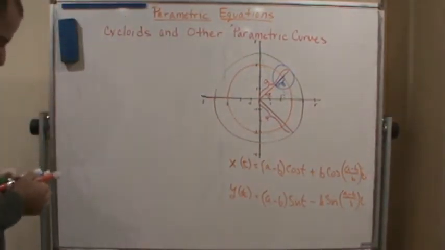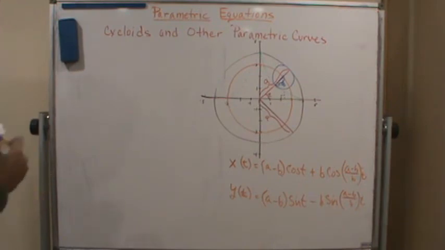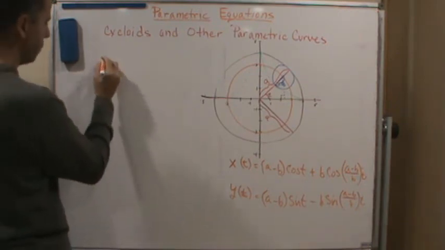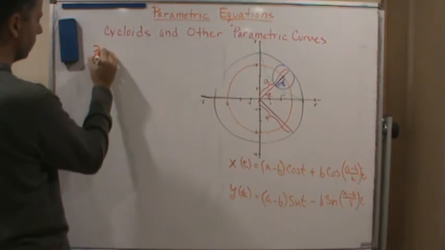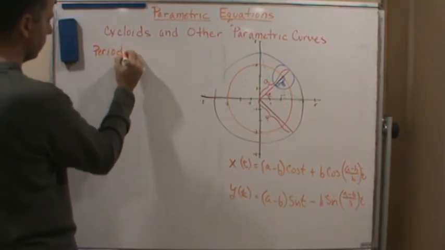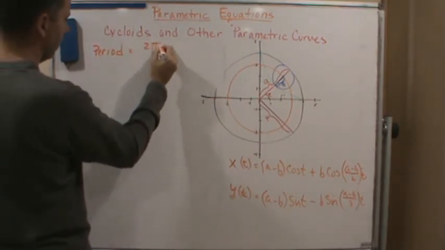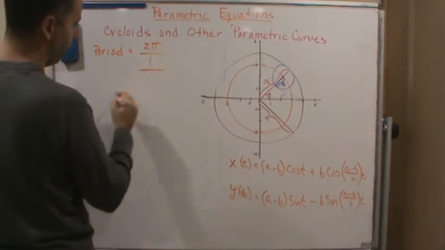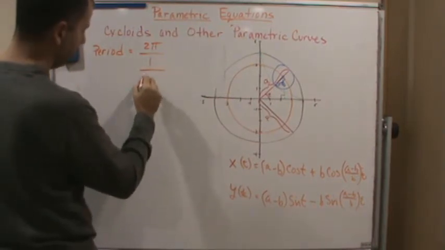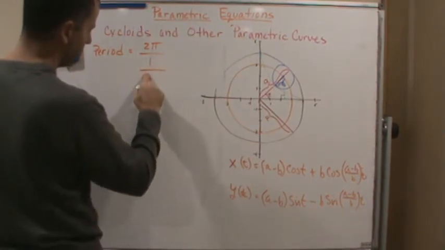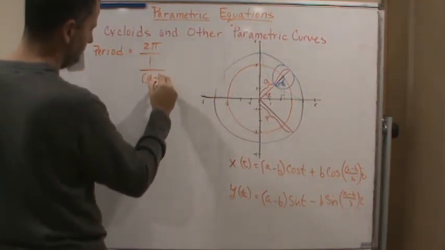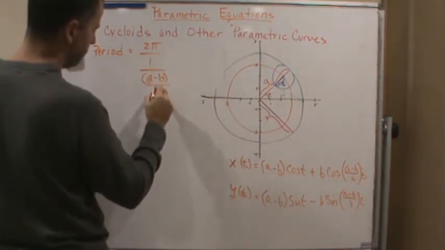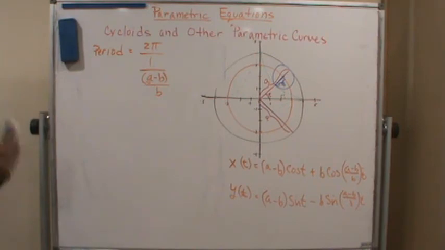Okay, so the period of this is going to be 2 pi divided by 1 over A minus B over B. Okay, so that's just using the definition of a period.